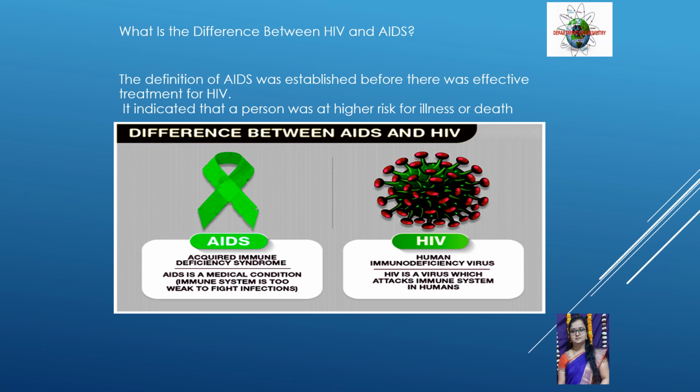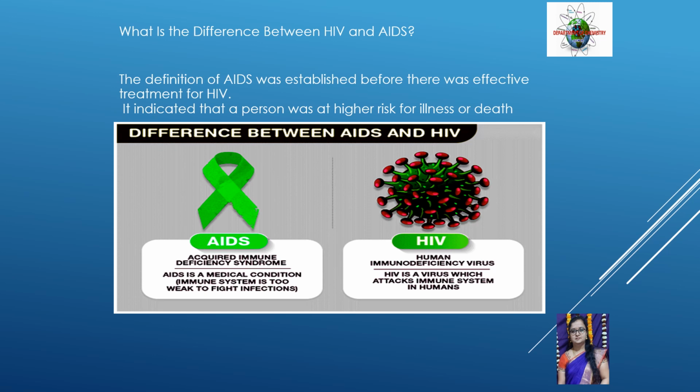Let's learn what is the difference between HIV and AIDS. The definition of AIDS was established before there was effective treatment of HIV. AIDS means acquired immunodeficiency syndrome and HIV means human immunodeficiency virus. What is acquired immunodeficiency syndrome?